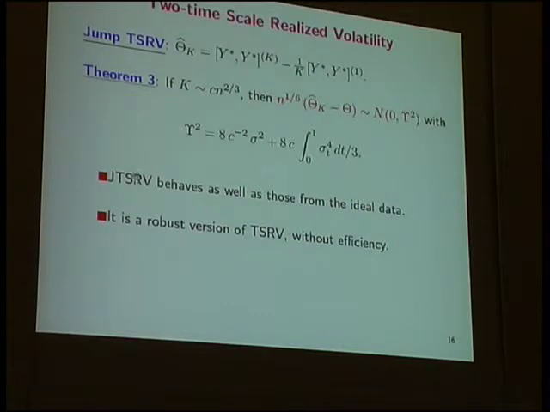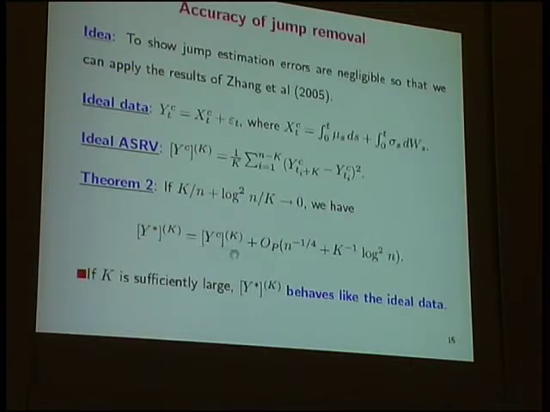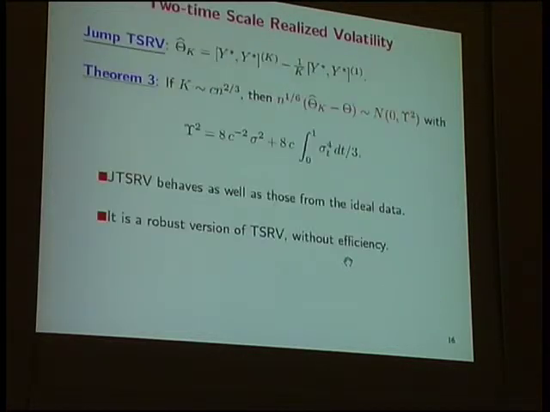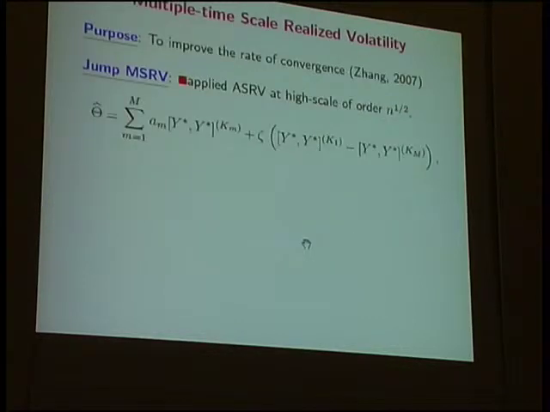One reason is what we showed here, that our jump removed data behave like ideal data with the error indicated here. So this would be a more robust version than two-scale realized volatility, because whether it has a jump or no jump, it is applicable.